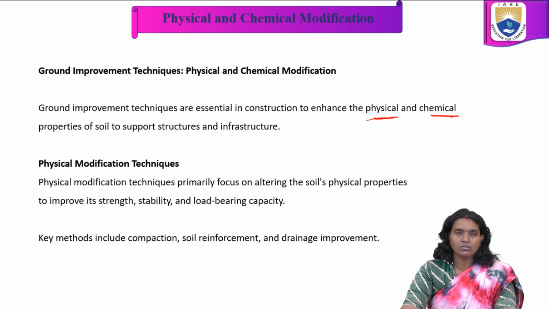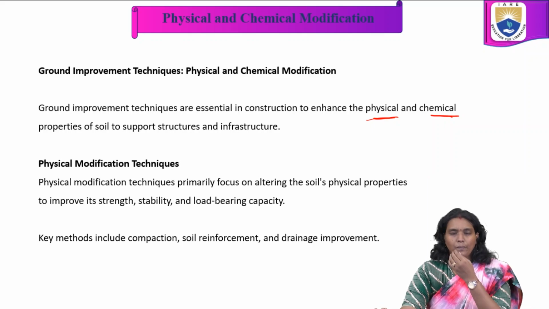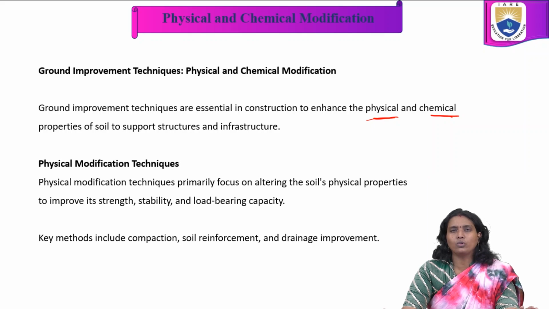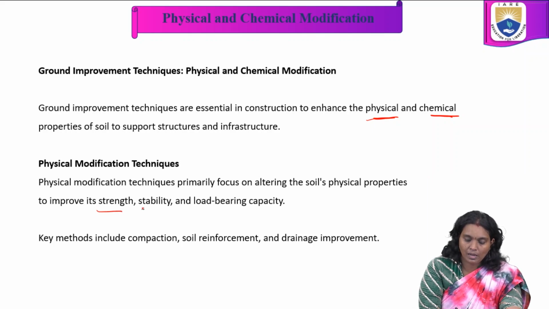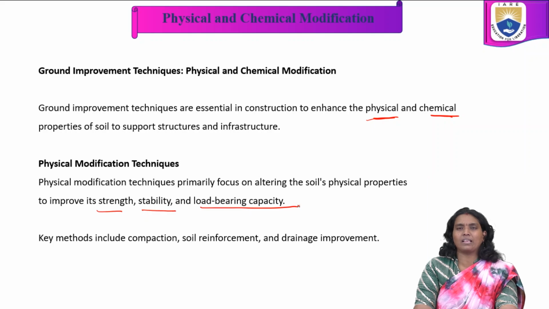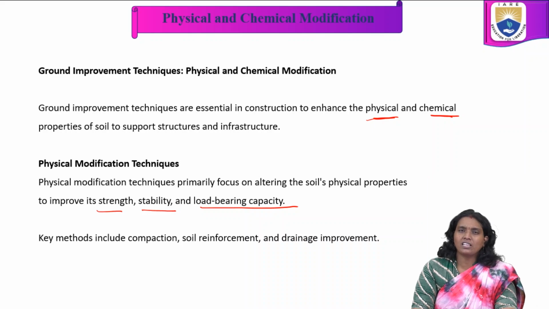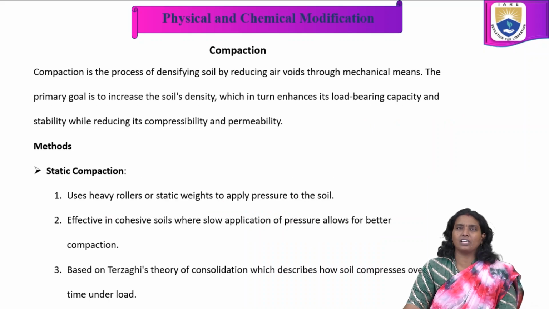In this, we are going to enhance or improve the physical properties of the soil, like strength, stability and load bearing capacity. Some of the key methods that come under physical modification techniques include compaction, soil reinforcement and drainage improvement.